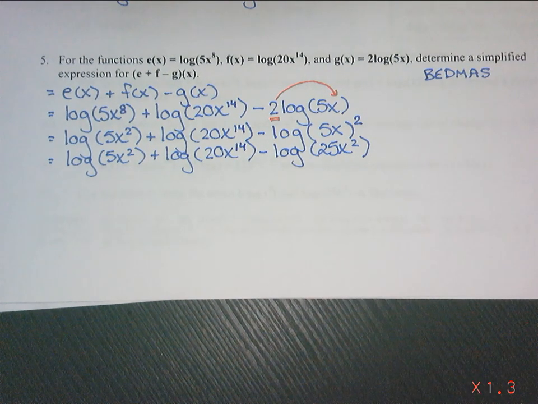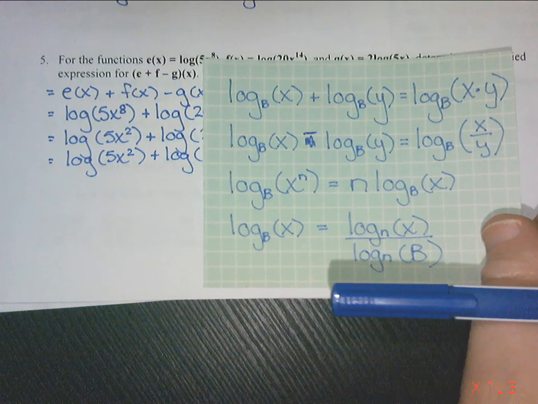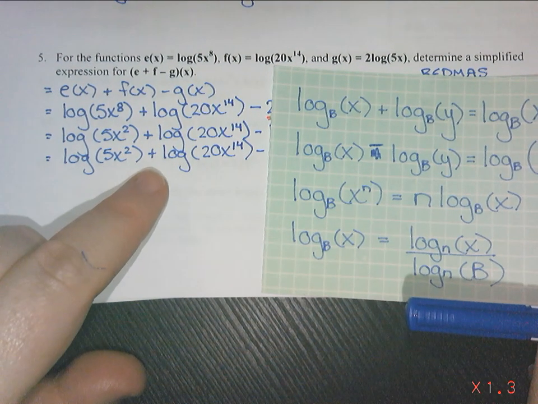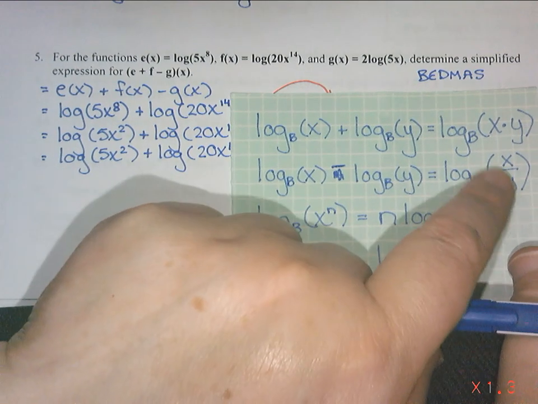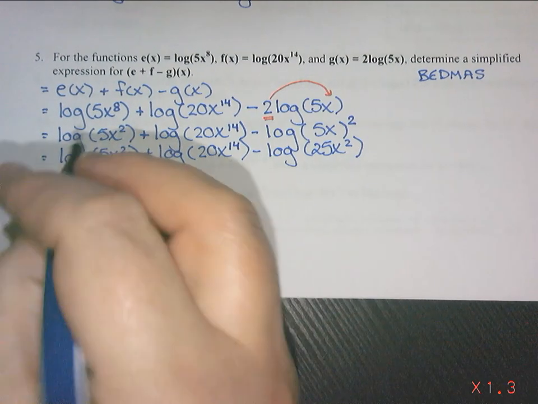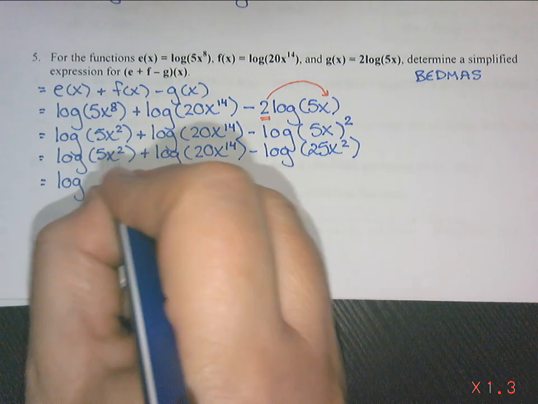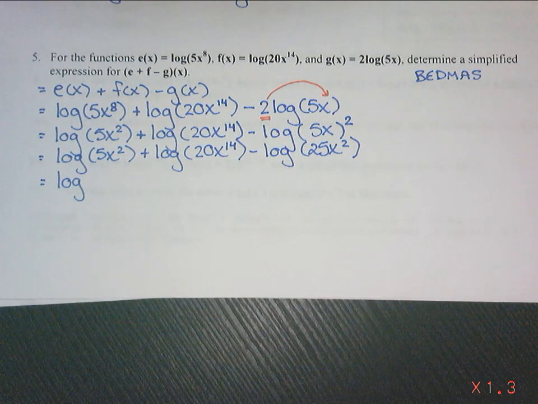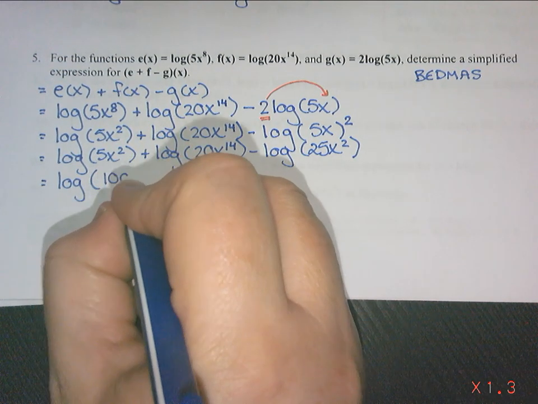Okay, so now that I took care of the multiplication, it's not an issue anymore, it's gone. I wrote it in a different way. I'm going to use my rule that comes first, which is addition. So I'm going to combine those two logs by multiplying their arguments together. So this is going to be log of, I'm going to multiply 5x squared and 20x to the 14. 5 times 20 is 100.